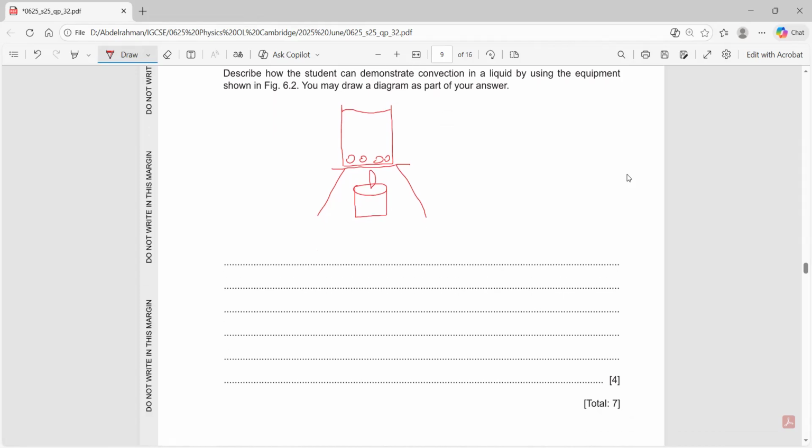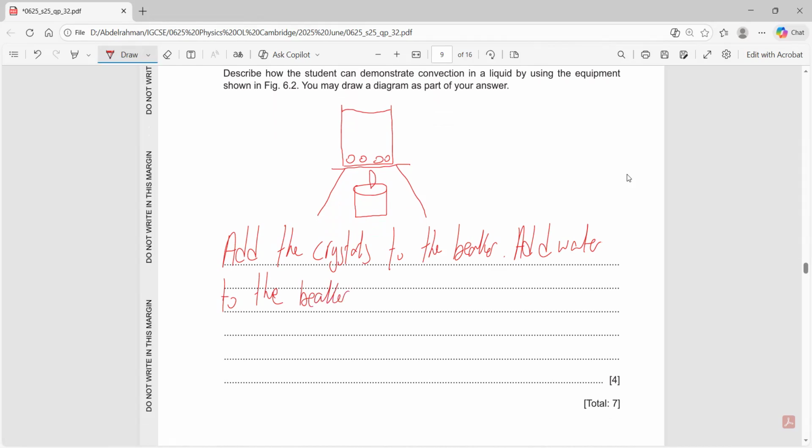So, what should you do? Add the crystals to the beaker, and then add water to the beaker. And then what should you do?